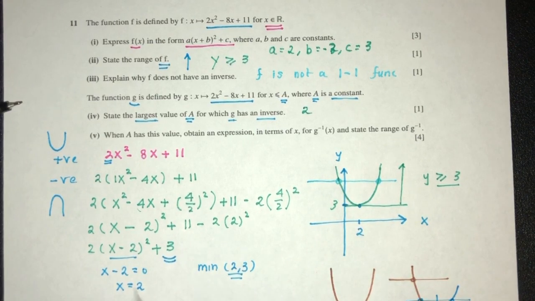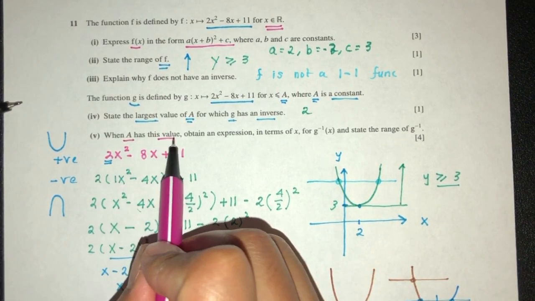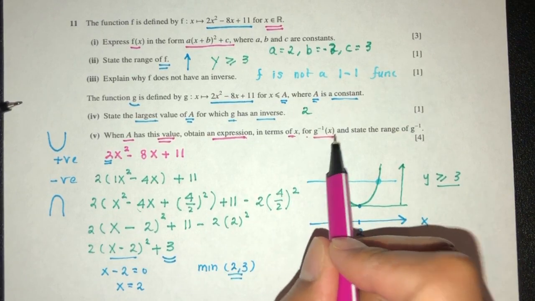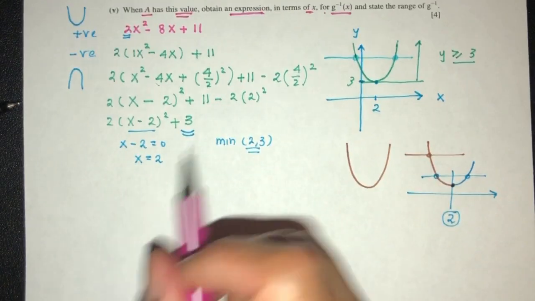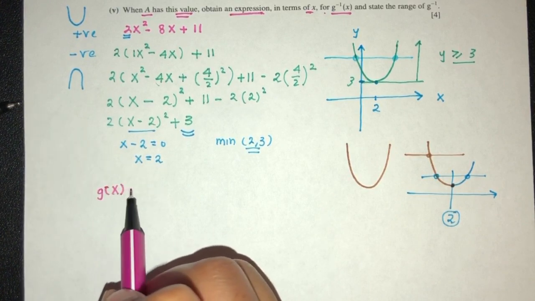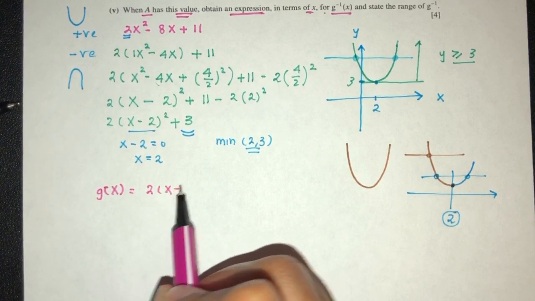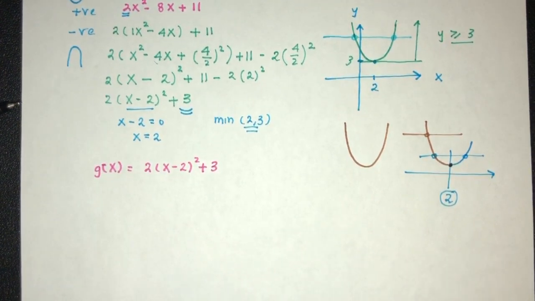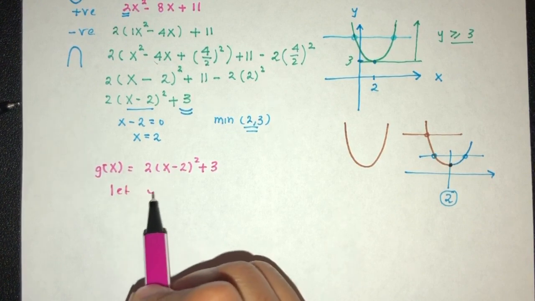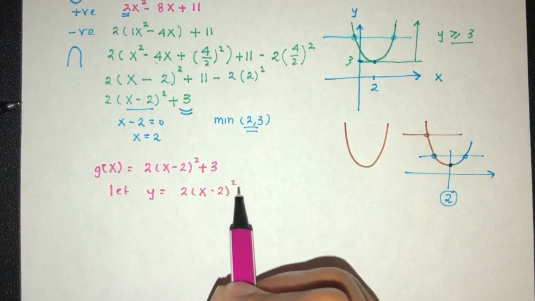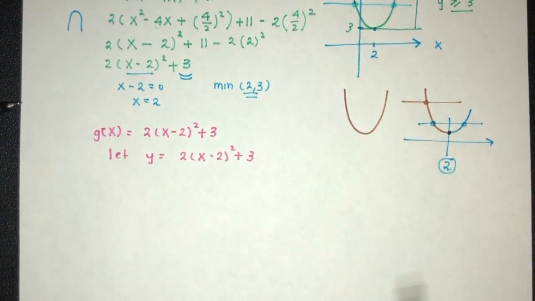And the last one: when a has this value, obtain an expression in terms of x for g inverse. Pretty easy. To find g inverse, we know g(x) is the same thing as 2(x − 2)² + 3. To find the inverse, we first let y equal g(x), which is 2(x − 2)² + 3. Simplify.